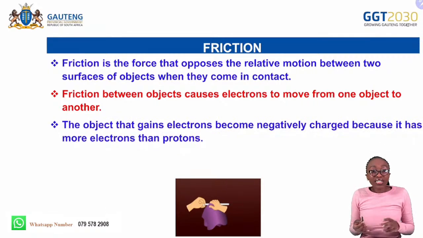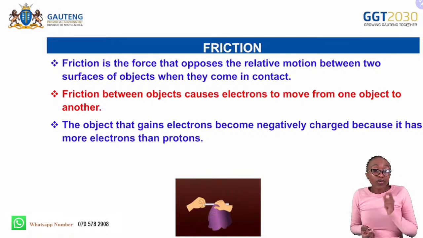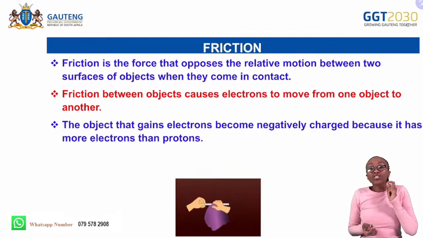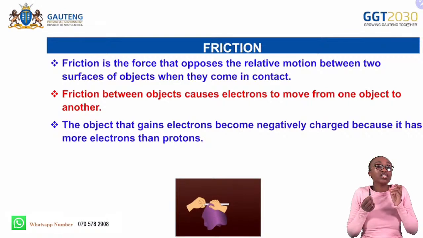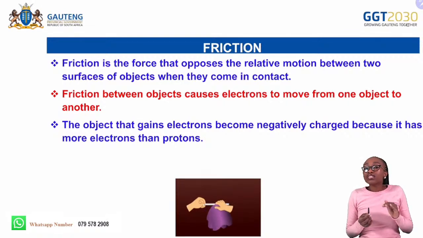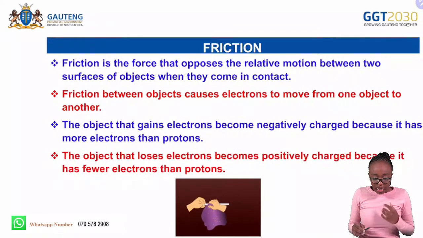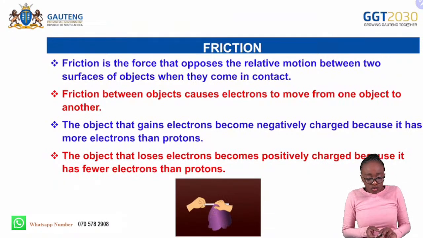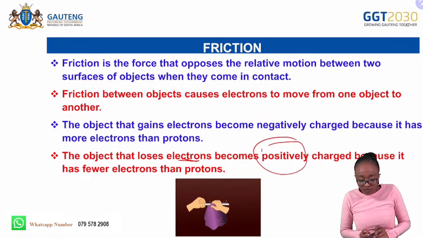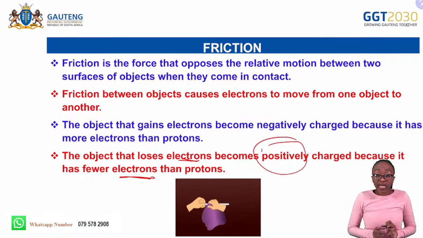And then the object that gains electrons becomes negatively charged because now it has more electrons than protons. For an object to be said it is neutral, it is not charged, it has to have the same number of protons and the same number of electrons. Now, so the object that loses electrons becomes positively charged because now it has fewer electrons.